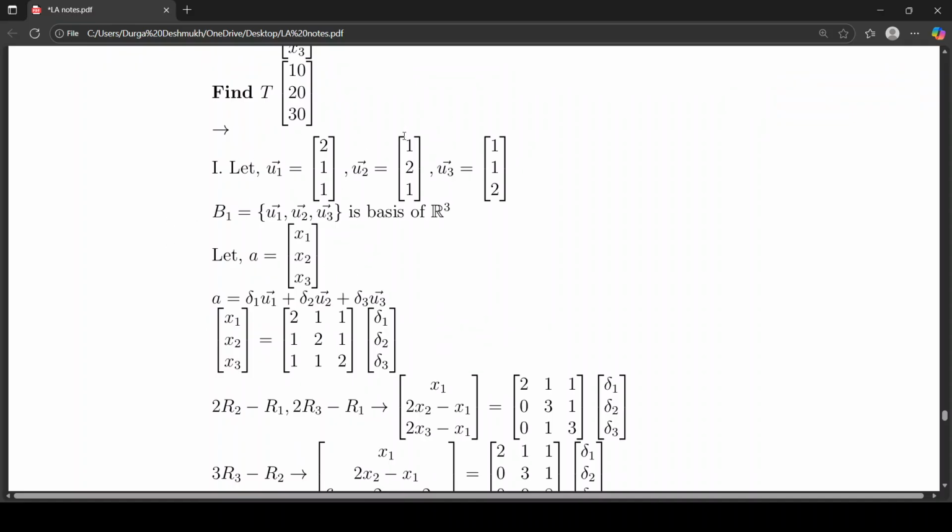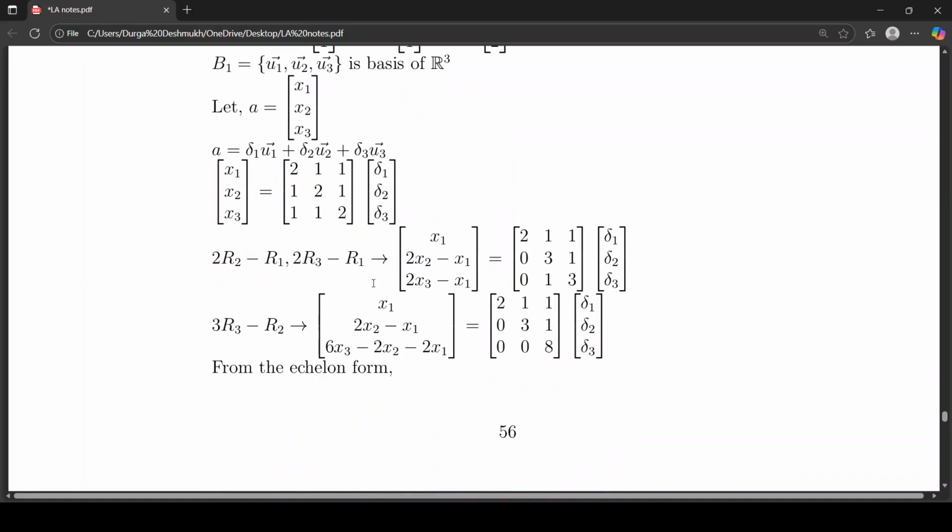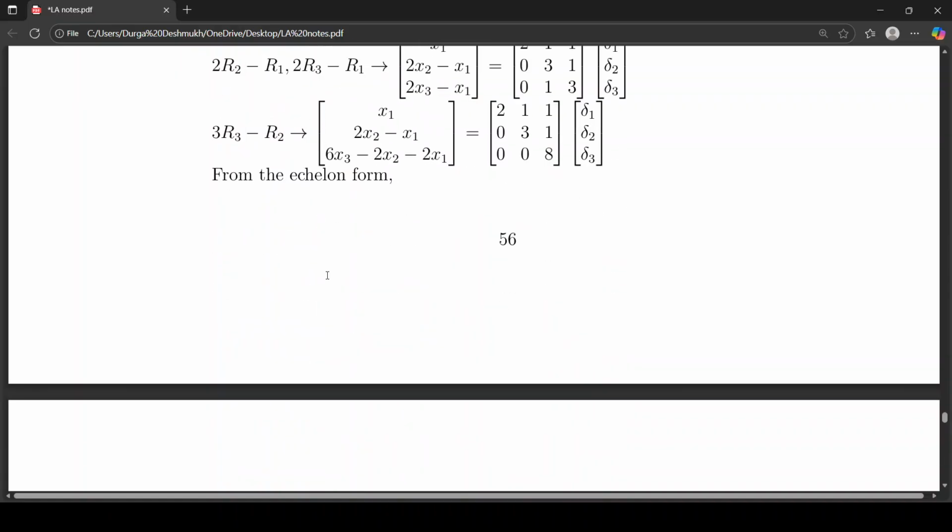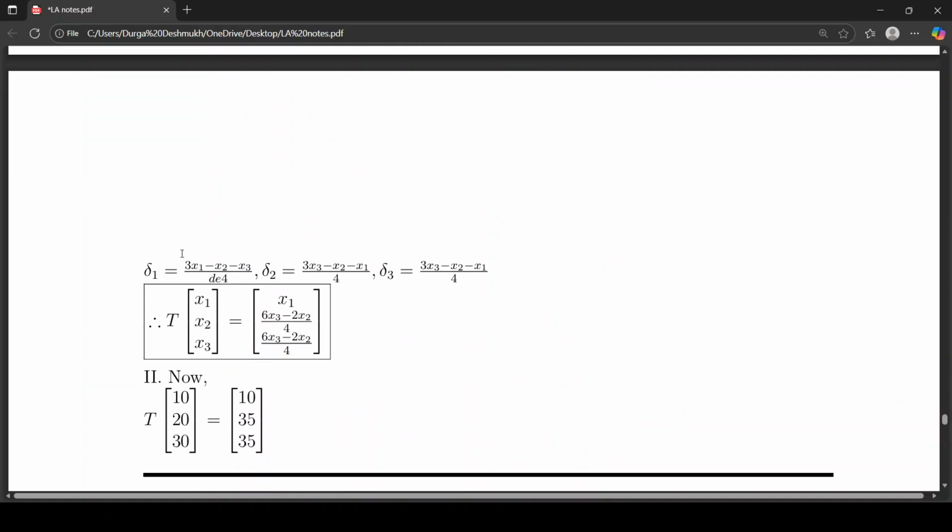Choose any arbitrary element A. Now we need to find the deltas such that A can be represented using the basis. We find the matrix representation, convert it into echelon form, and then get the values of delta in terms of x. So this is the required transformation.